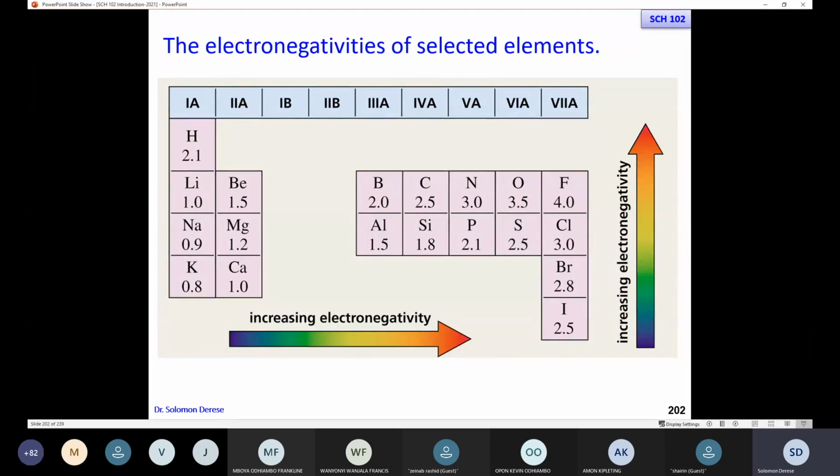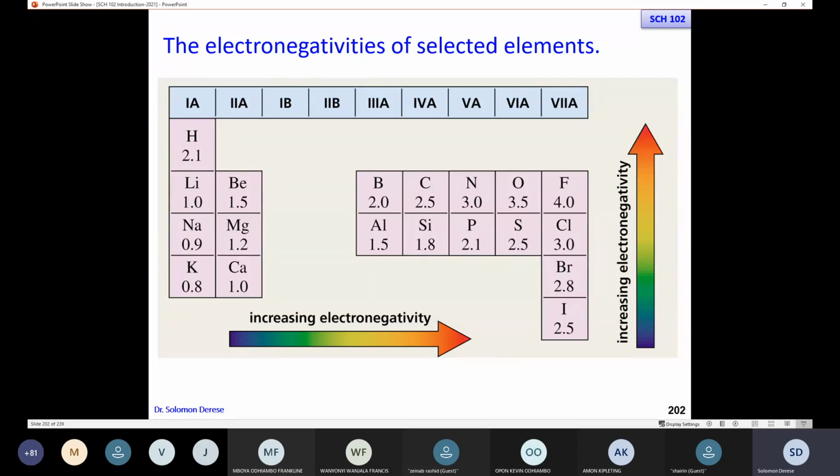Therefore, oxygen must have a higher electronegativity than carbon. So in a covalent bond between carbon and oxygen, since oxygen has a higher tendency for the electrons of the bond, oxygen will pull the electrons towards itself. So on oxygen we have an excess of electrons, and on carbon a deficiency of electrons, resulting in a polarized covalent bond.